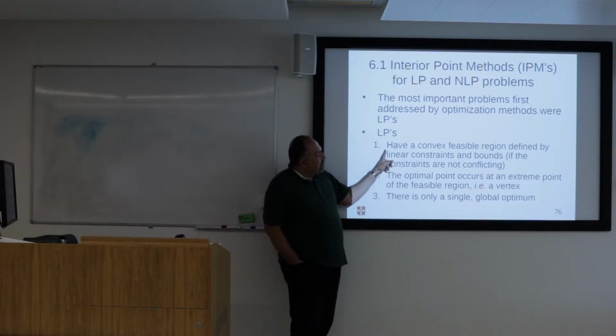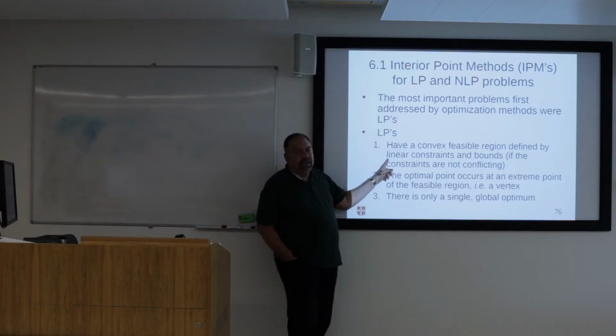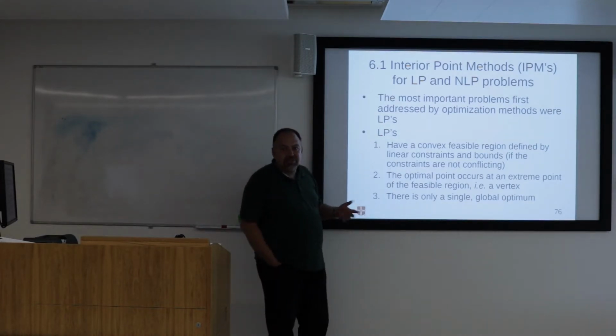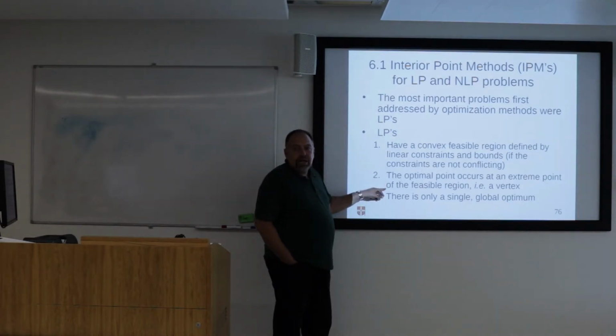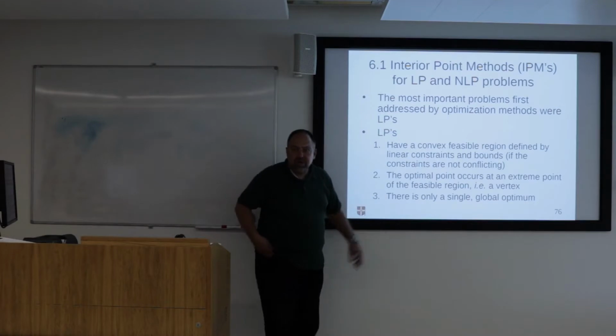They have a convex feasible region defined by linear affine constraints and bounds, if the constraints are not conflicting, and therefore you have a non-empty feasible region. The optimal point occurs at an extreme point of the feasible region, i.e. a vertex, because of the linearity of the constraints, and there is only a single global optimum to such a problem.